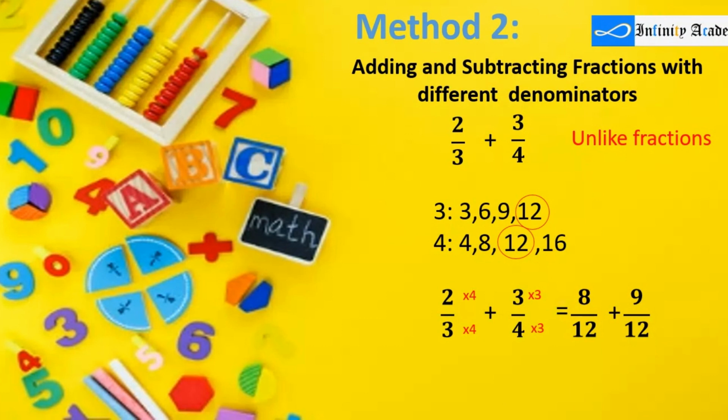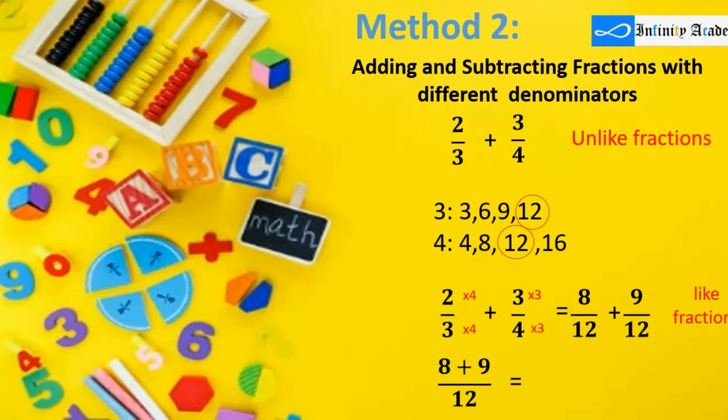As you can see, the denominators are same now and we got like fractions here. So, solving them further, we will just add the numerators, that is 8 plus 9, while keeping the denominator same. So the fraction that we got is 8 plus 9 by 12.